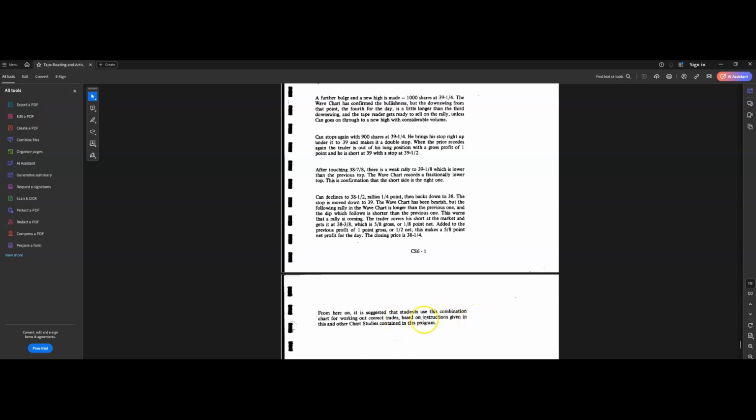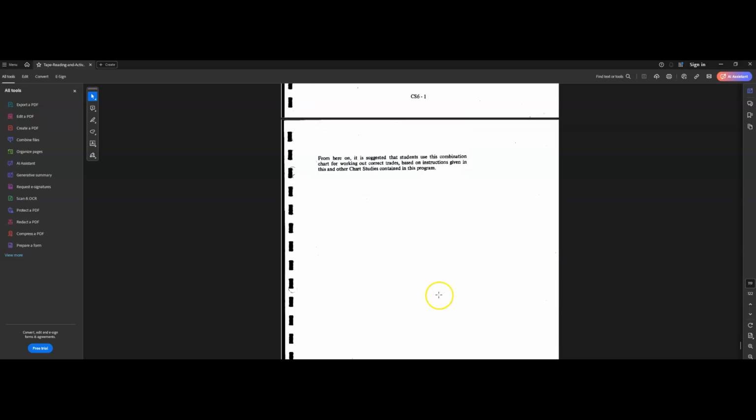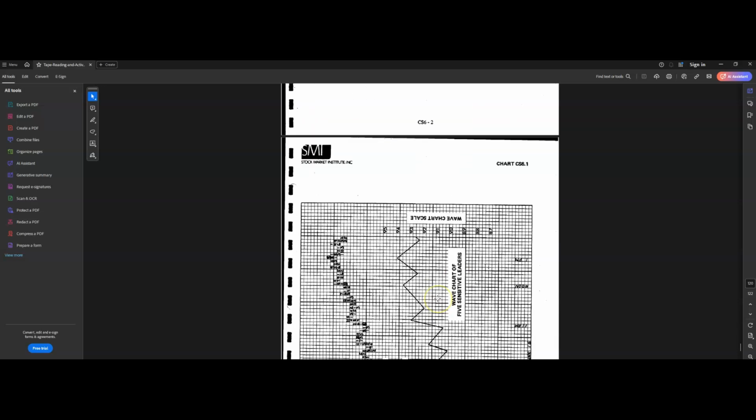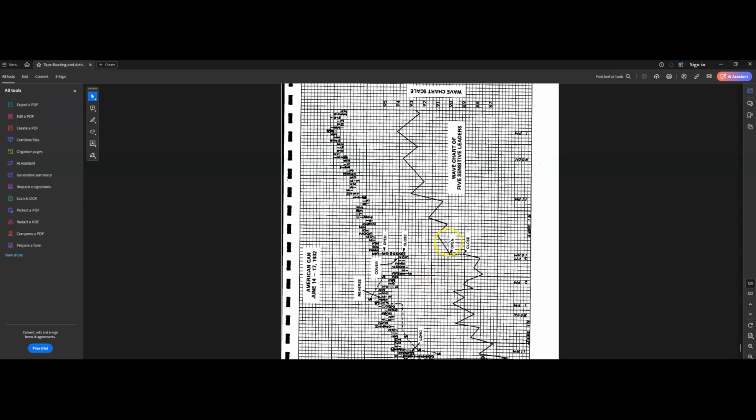What is the combination? Is this not what I just showed you?